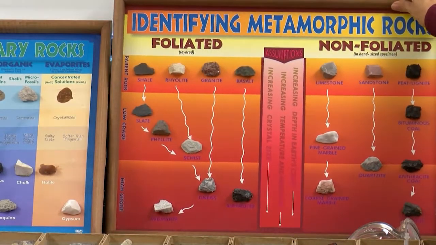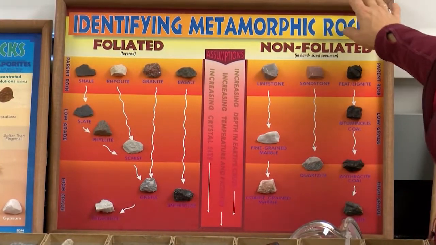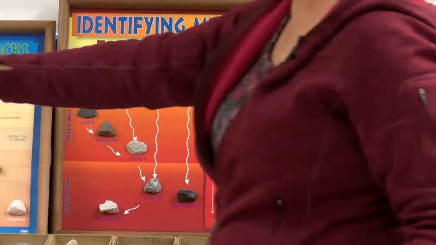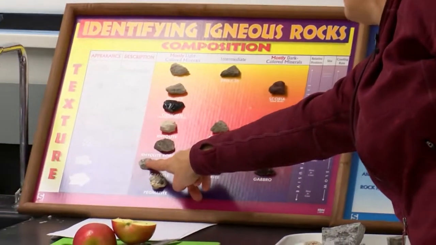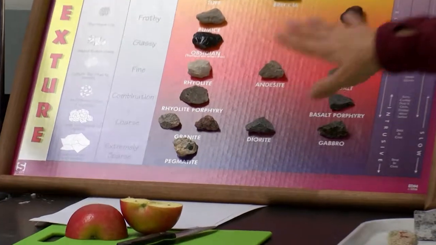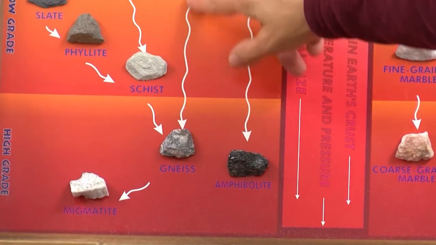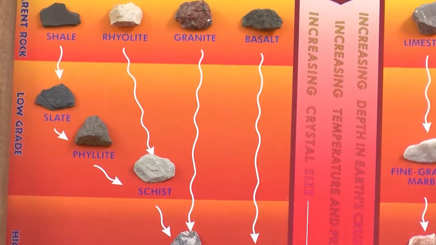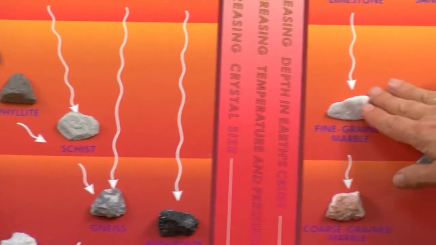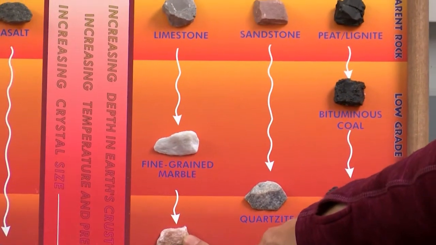For example, let's look at the granite here. Granite can be changed into gneiss. Shows it right here. Granite being metamorphosed into gneiss. Limestone being metamorphosed into marble.